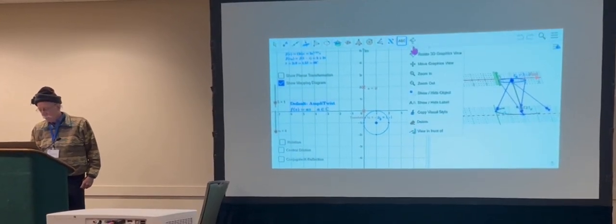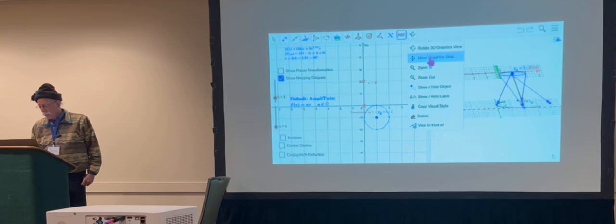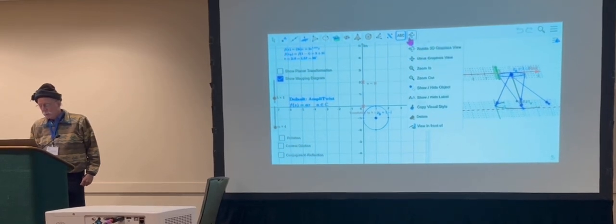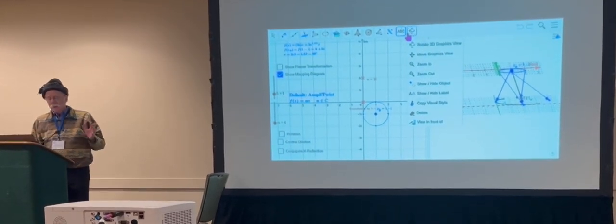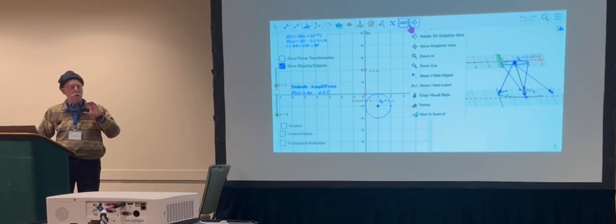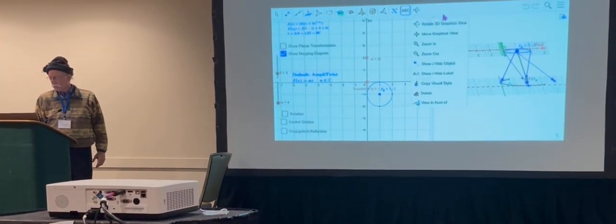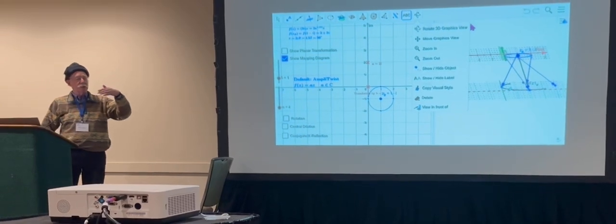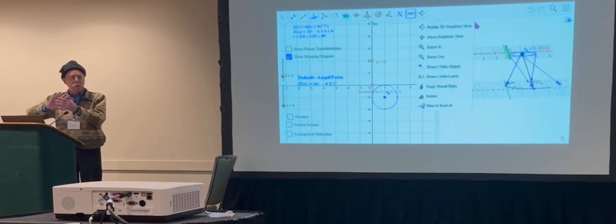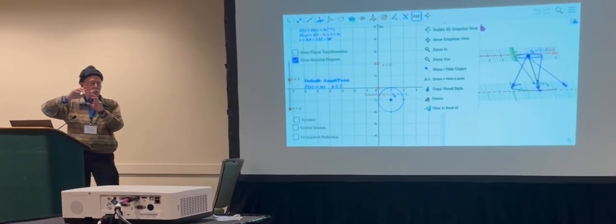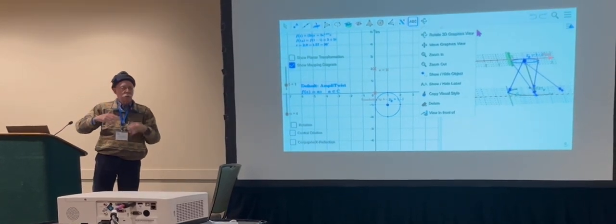I'm not seeing it here, but there is a place where you can turn on a 3D view of it, and that's not showing up here, I guess. There's another place where it does the 3D, 3 colors, and then you'll see 3D.